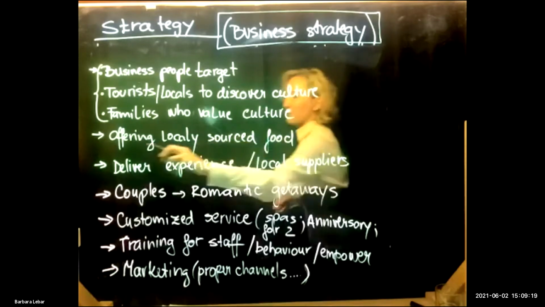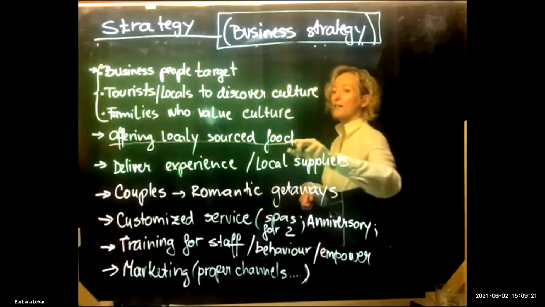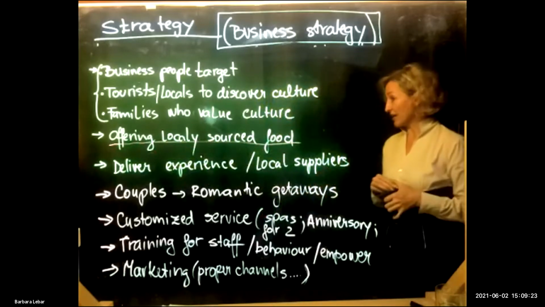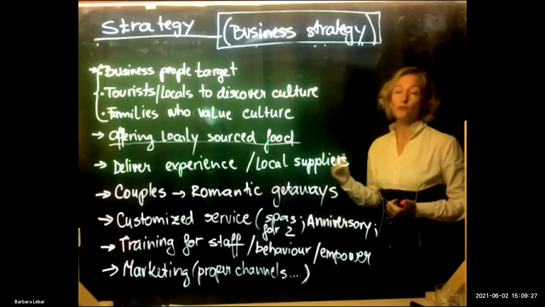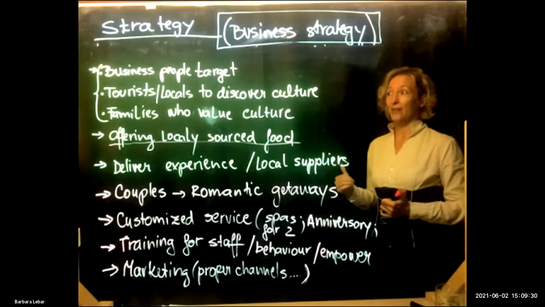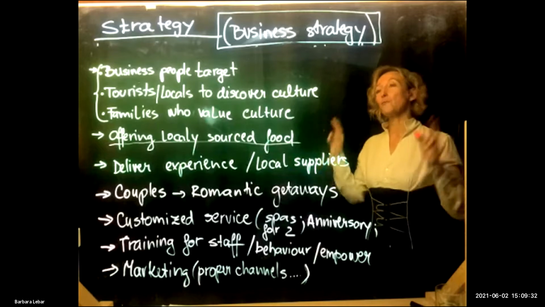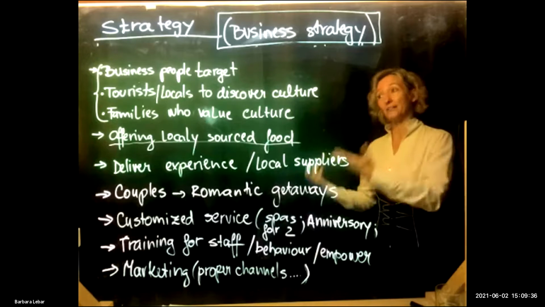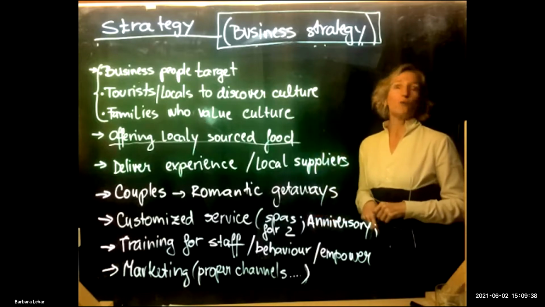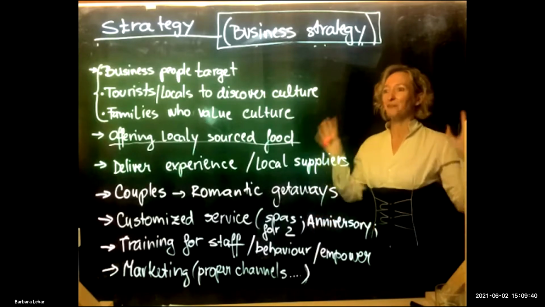You said, for example, offering locally sourced foods. Really nice example, because you want to deliver experience, and you reasoned well that it's usually cheaper. You also mentioned in the group that you might get some subsidies from either the municipality or the country government, which is great. You are really thinking in all the perspectives.